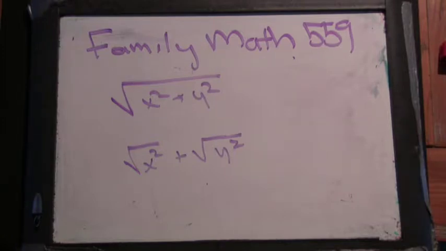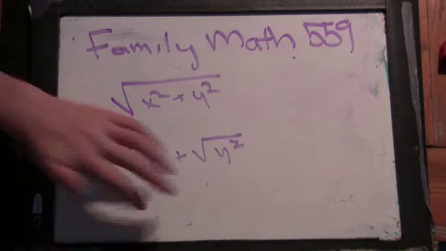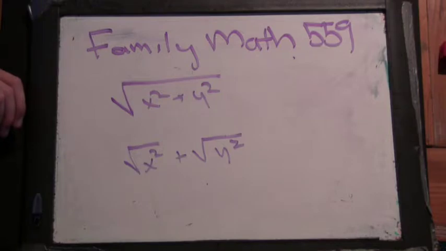Well, for each of these x, you could square it and get the same result, like 2 and minus 2 both square to become 4. Okay. And what is the square root of 4? The square root of 4 is the absolute value of 2.